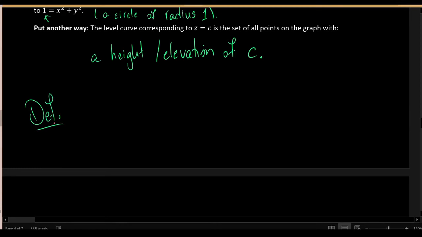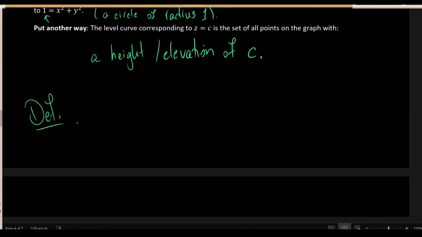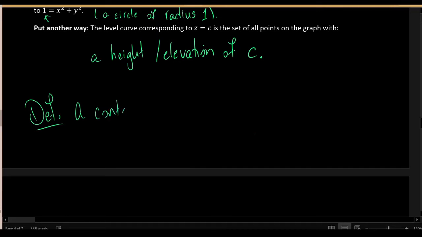Now, one quick definition. We have the term topographical map. In mathematics, we usually refer to this as a contour map. A contour map is a graph of several level curves.